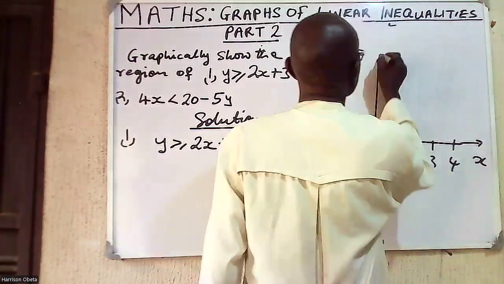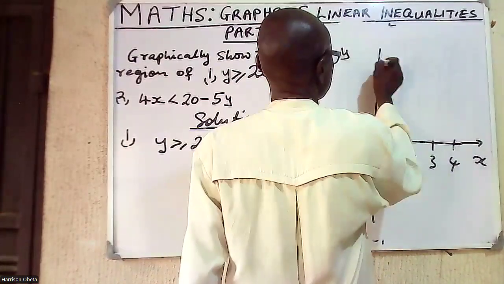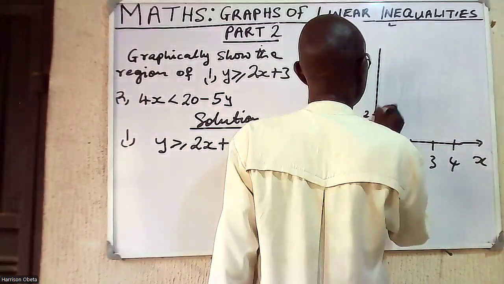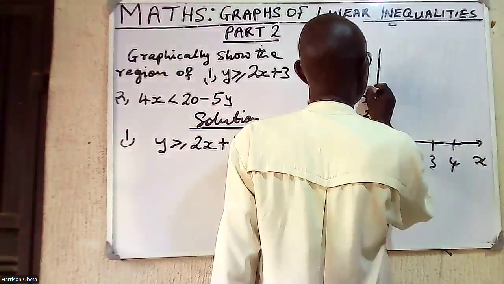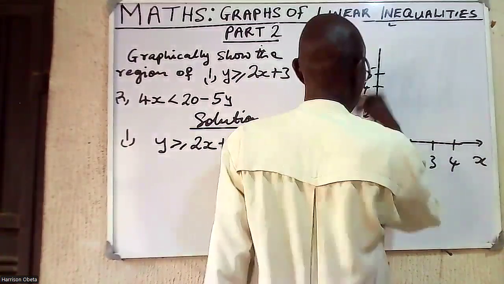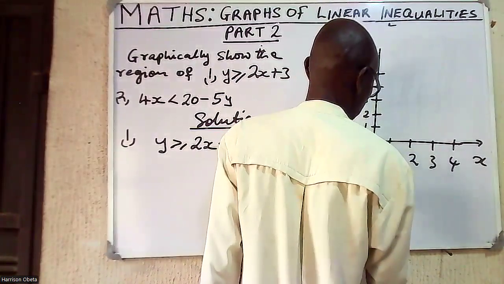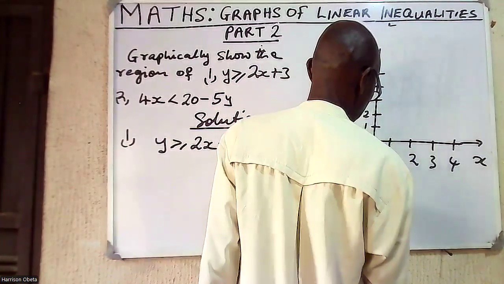This is the x-axis, and this is the y-axis. So for this, we have 1, 2, 3, 4, 5, and so on, and minus 1, minus 2, minus 3, minus 4.